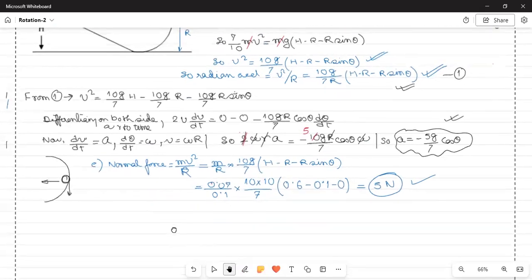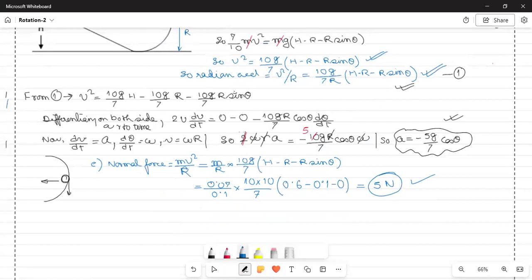What is the tangential force acting on the body? Now, for the tangential force, here the mg force acts downward and the acceleration is negative because from here the deceleration starts.